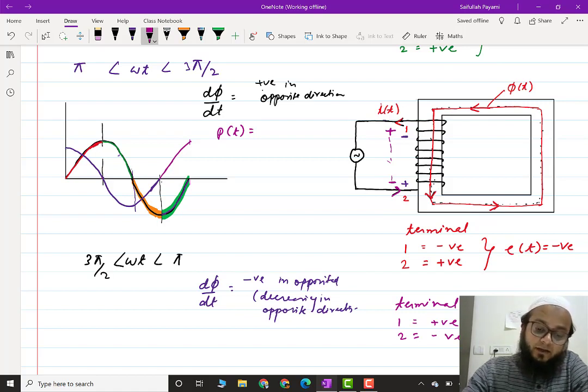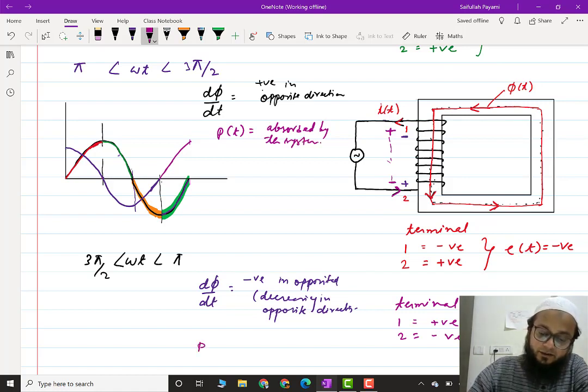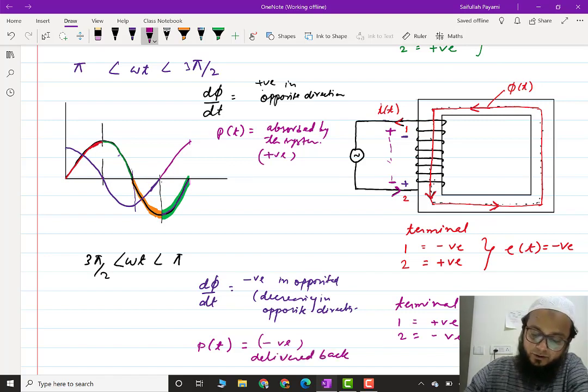That means here the power is being absorbed by the system, which is positive, and here power is negative. That means power is being delivered back to the source.